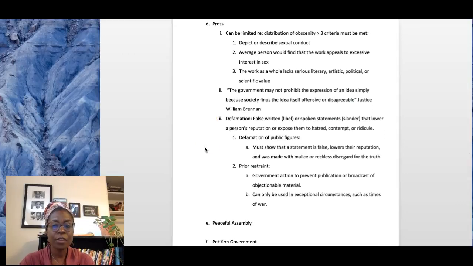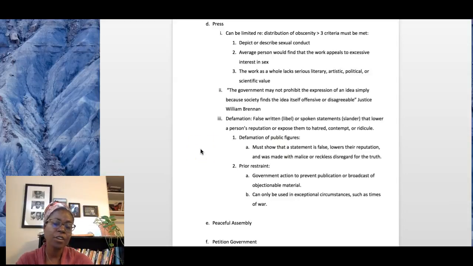Now, another limitation on freedom of the press is this idea of defamation. Defamation is defined as false written or spoken statements that lower a person's reputation or expose them to hatred, contempt, or ridicule. That's the definition of defamation.